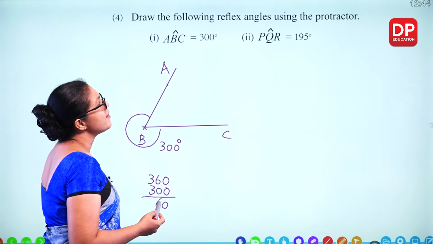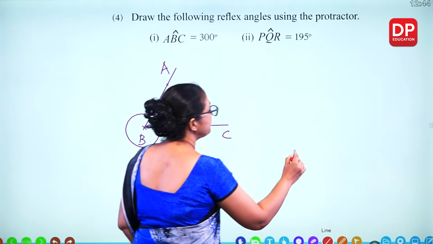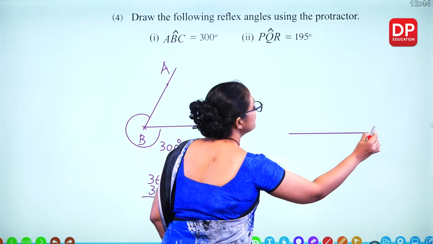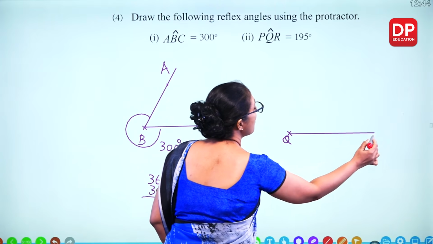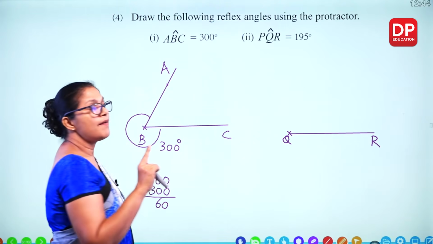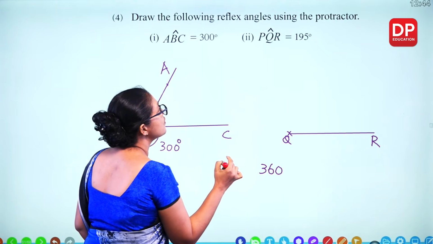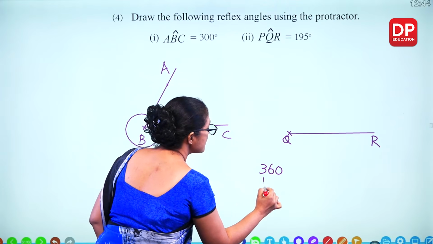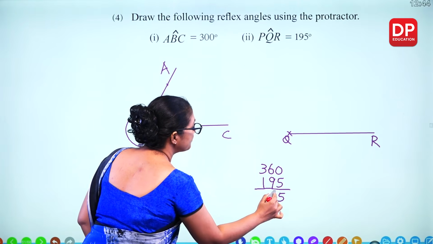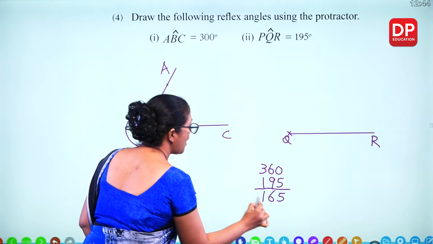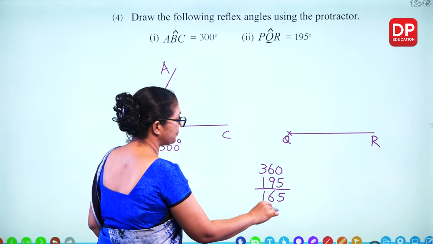Second one, PQR is 195. So first draw a line. I can mark the point Q here. QR. Now 195 is more than 180. So what you can do, you take the other angle. 360 minus 195. When you subtract, you get 165. So 165 you can measure.